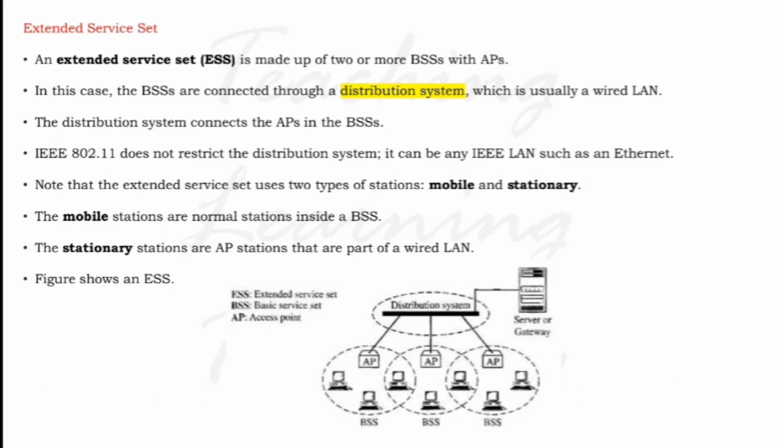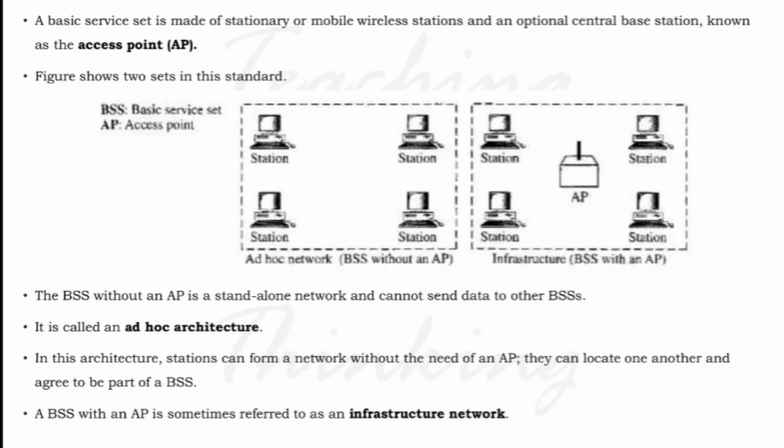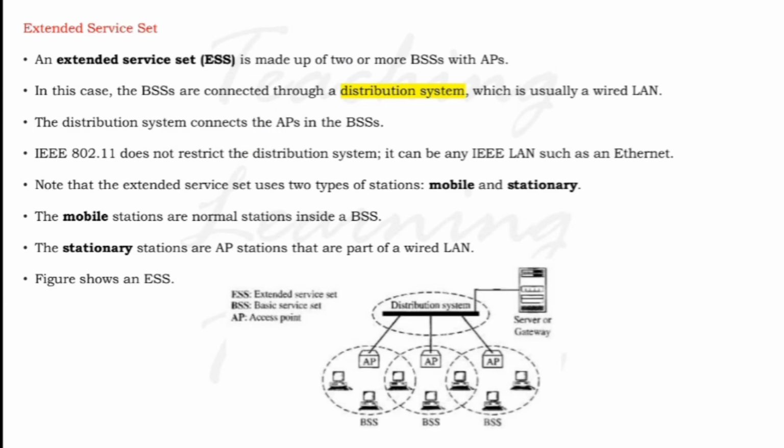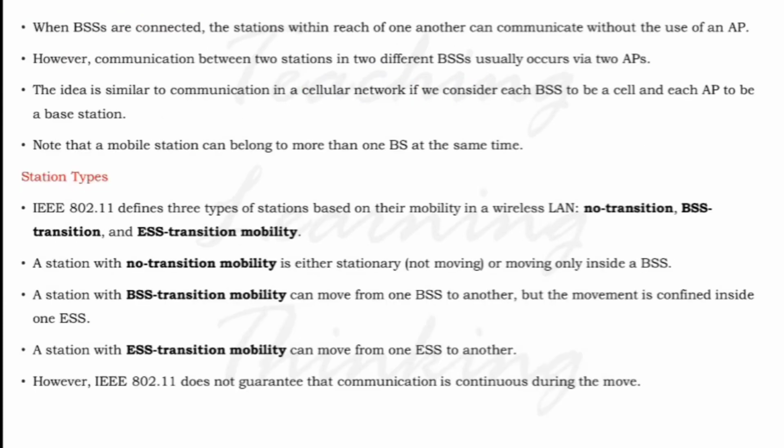So this is the figure for the extended service set, and we have already covered the BSS also. This is the important architecture part of the wireless LAN. When BSSs are connected, the stations within reach of one another can communicate without the use of an AP. However, communication between two stations in two different BSSs is usually via two access points.